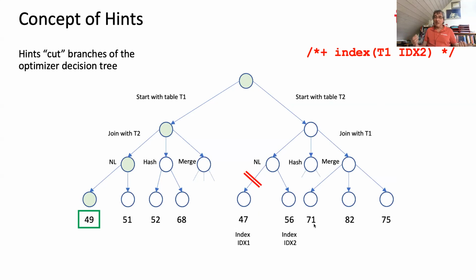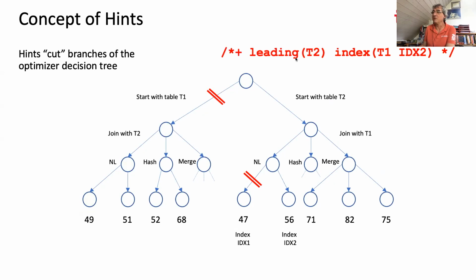And that's a typical thing that you probably have seen if you add hints. You add a hint, but then the optimizer does something completely different. Either it just ignores the hint, or it seems to ignore it, or it changes the execution plan in a different way. And to make sure that the execution plan that we want to use is used, we have to also cut another branch.